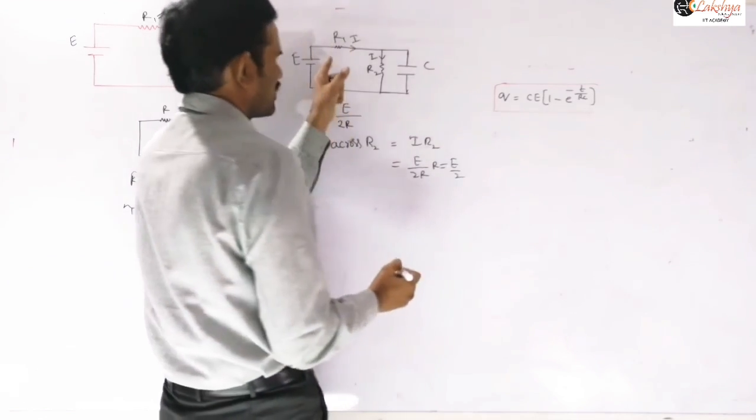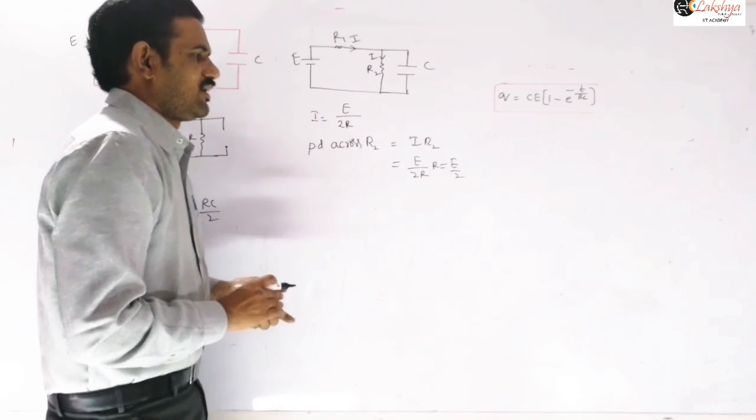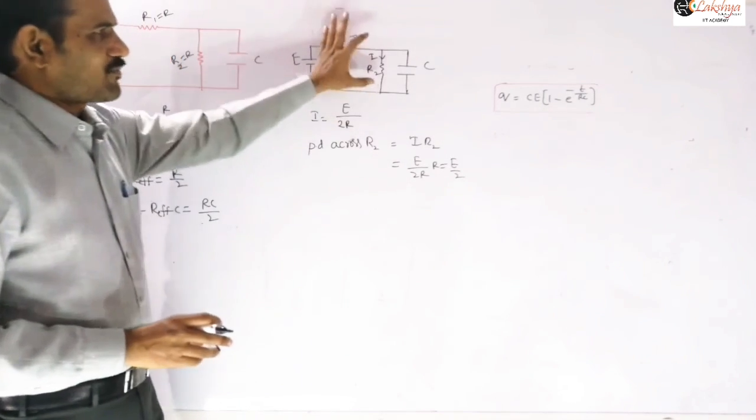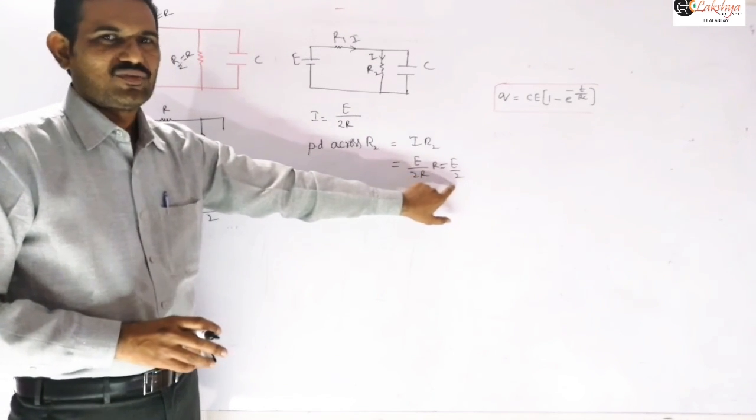Or directly, since these two resistors are the same, the potential difference will be equally divided.